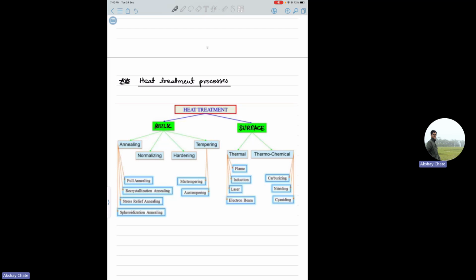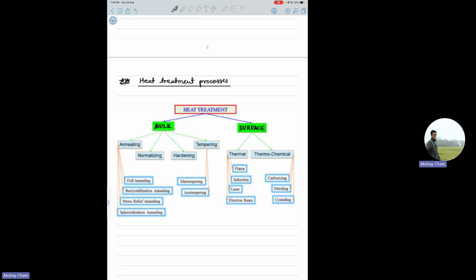Okay. And surface hardening, you understand, right? Basically, you make the surface hard by heating it and then rapidly cooling it. So your bulk may not be that tough or hard, but your surface is very hard.